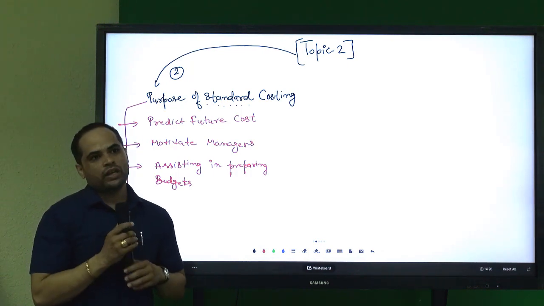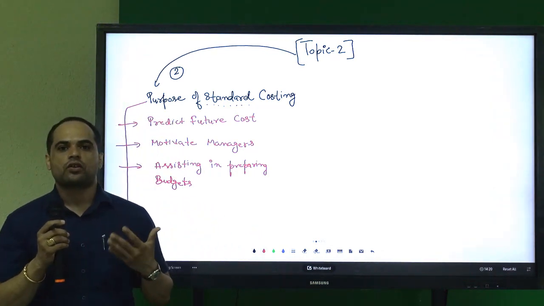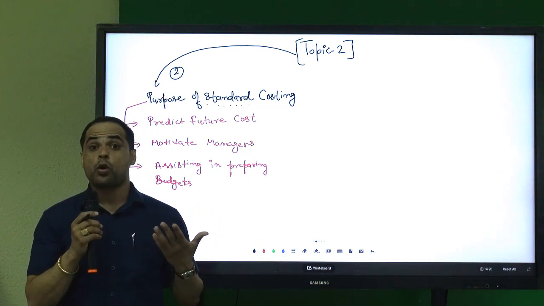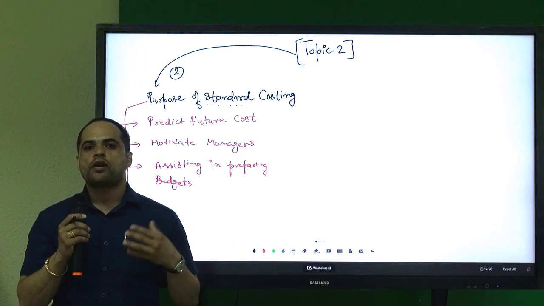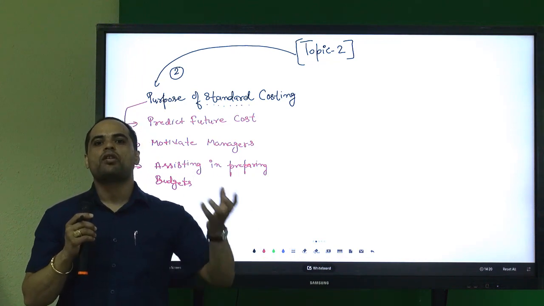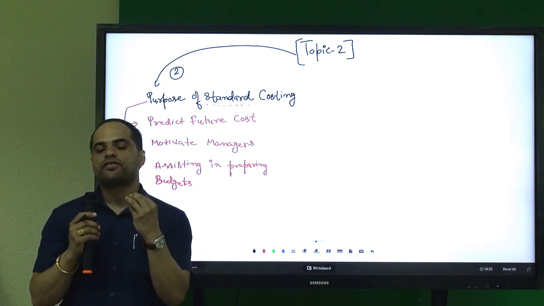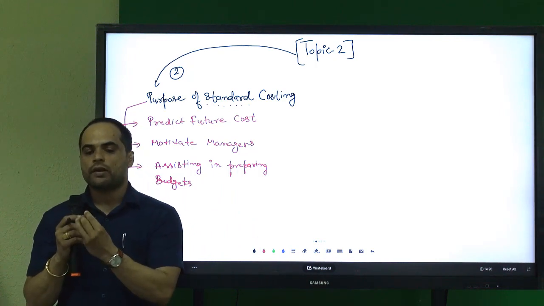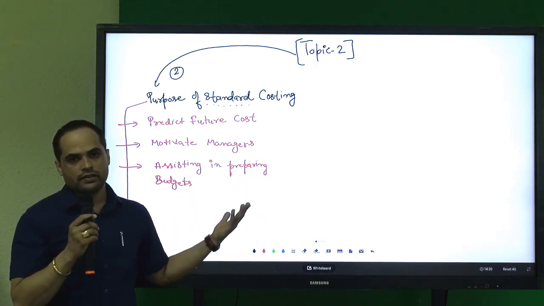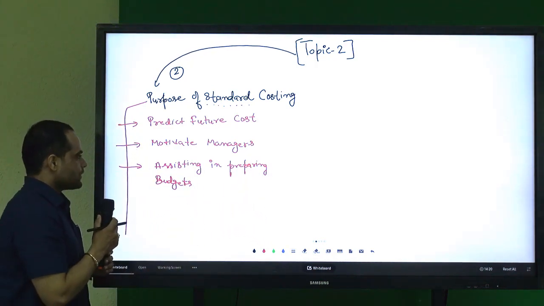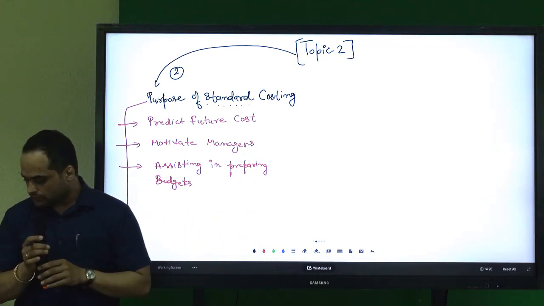If we implement a standard costing system, we also reduce the time for making a budget, because we have already received the information for that particular unit, the predetermined cost of the single unit, as I mentioned previously. So that's the third purpose of standard costing.